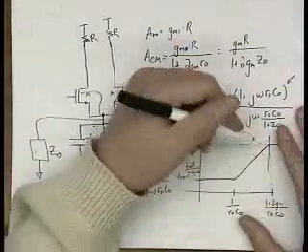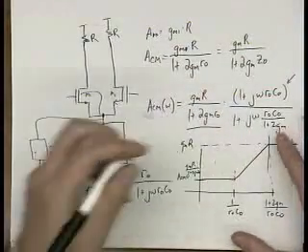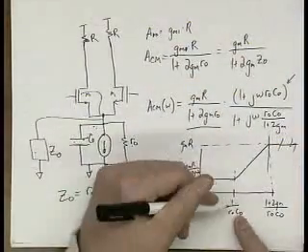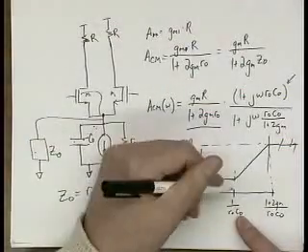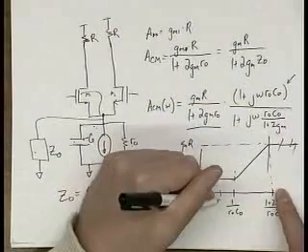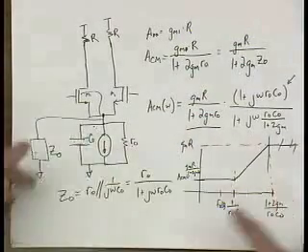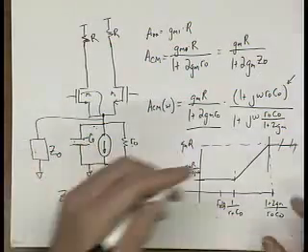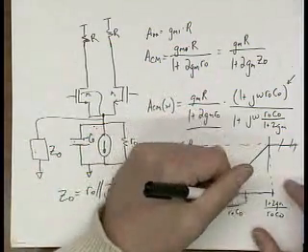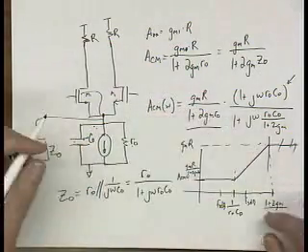So let's assume you can keep 1 over R0C0, so you have your F3dB. It depends on where your F3dB is. If you can push this out beyond your F3dB, then it doesn't matter that you have this extra capacitance.